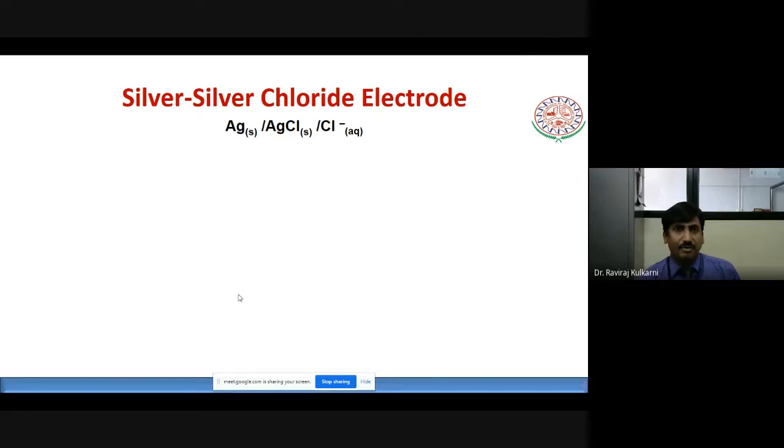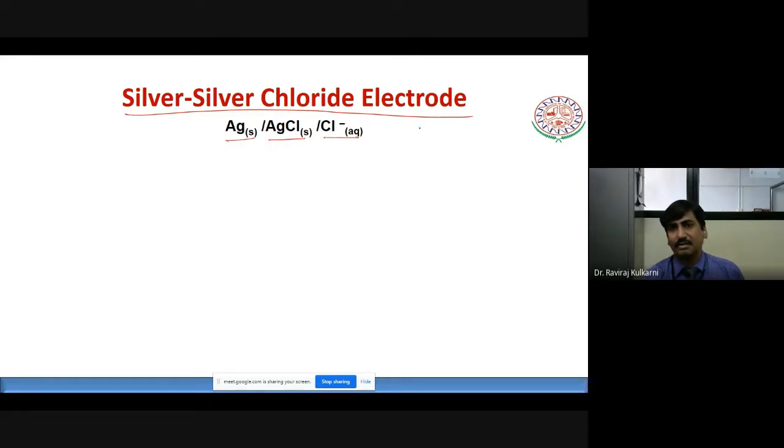Right, next we go to the silver chloride electrode. How do we represent the silver chloride electrode? Silver is in contact with AgCl, and that is in contact with Cl minus ions.